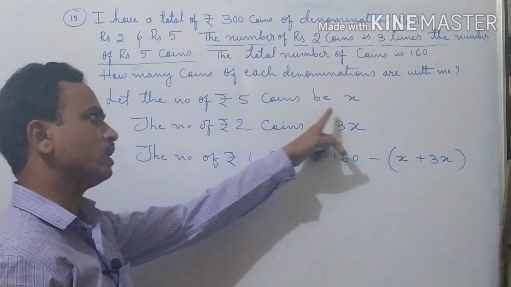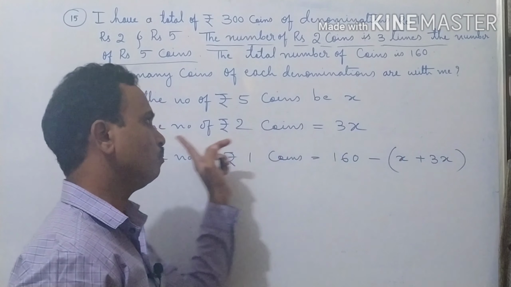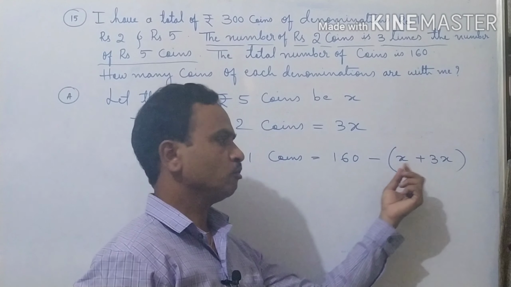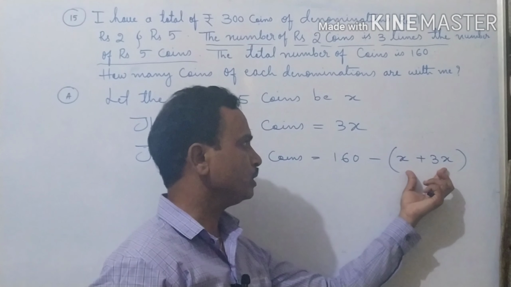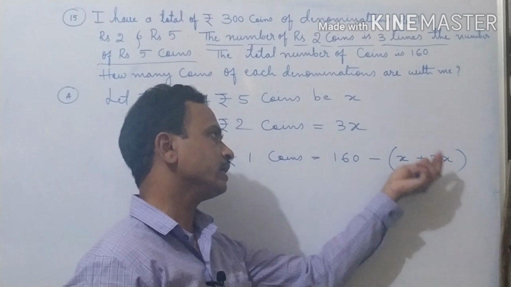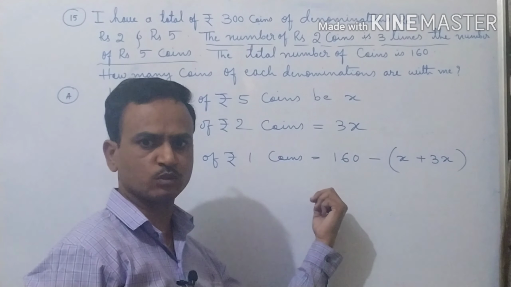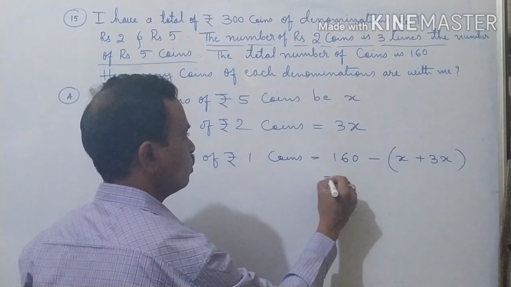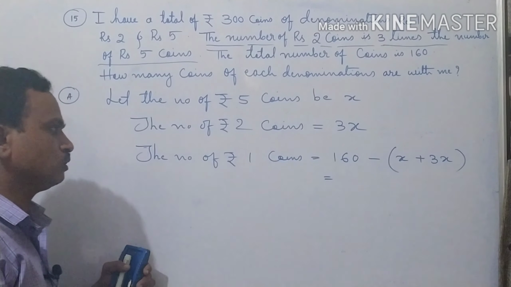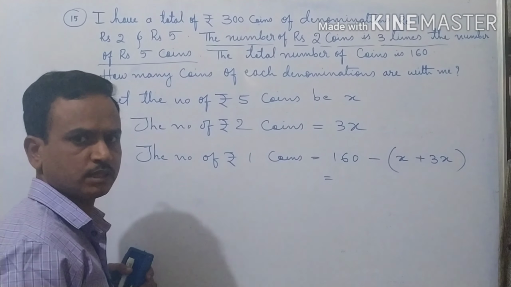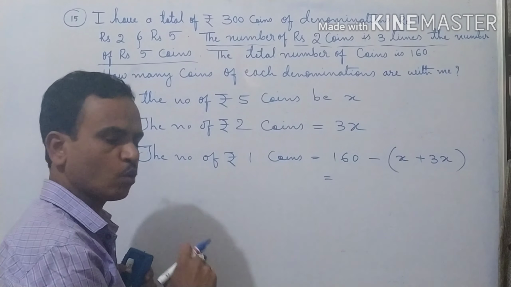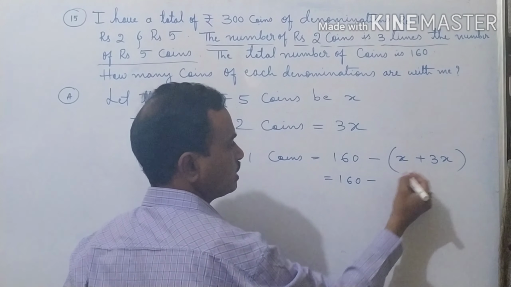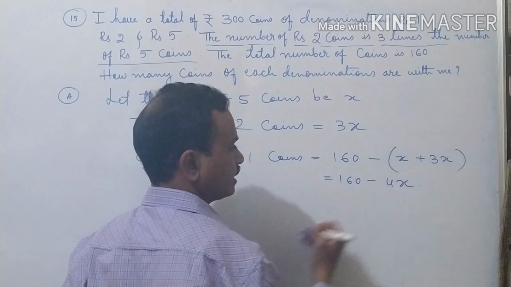The number of 5 rupees coins is x, and the number of 2 rupees coins is 3x. Both you should add and subtract from the total number of coins, 160. You will get the number of 1 rupee coins: 160 minus (x plus 3x), that is equal to 4x.